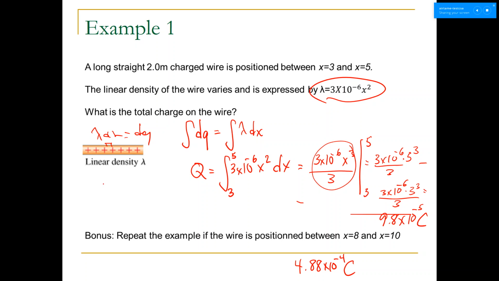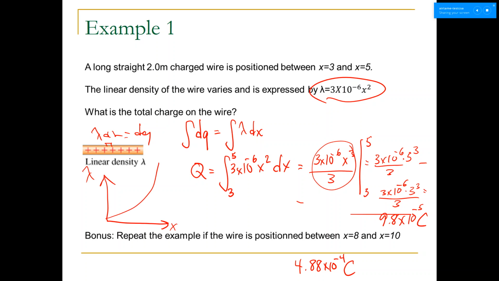Okay, so if I were to graph this, my function would be what as a function of what, and we're trying to find the area underneath it, right? Because we're doing an integral. So we have charge density lambda as a function of distance, and this is a quadratic function.